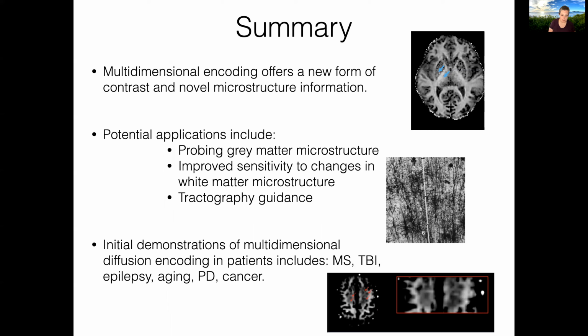Initial demonstrations of multidimensional diffusion encoding in patients includes multiple sclerosis, traumatic brain injury, epilepsy, aging, Parkinson's, and cancer. So I think this is an exciting new area where there's a lot of active research going on, and that is the conclusion of this lecture series.